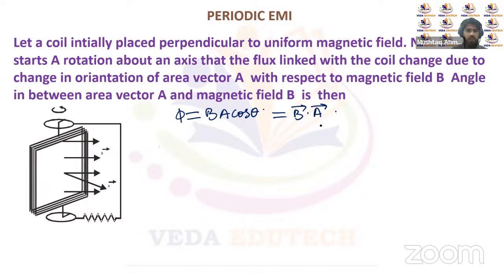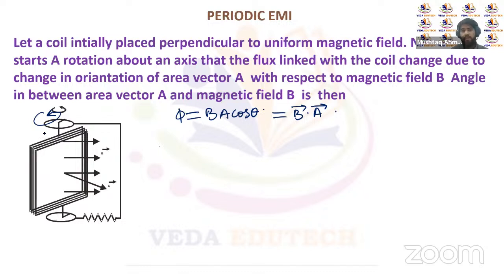Now this coil starts a rotation about an axis, right? This is the axis about which the coil starts rotating. What is the cause of rotation? The cause of rotation can be anything. Let's suppose that because of some external agent, this coil is rotating, right?